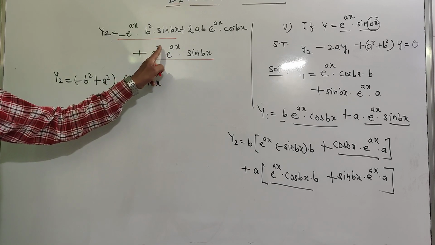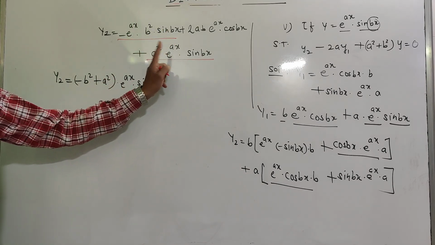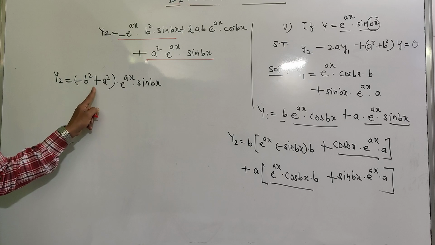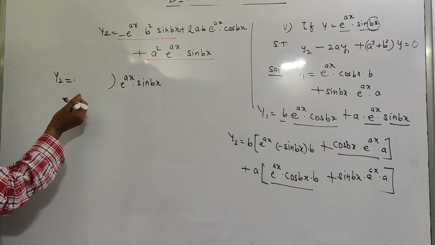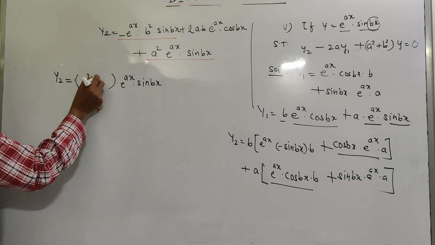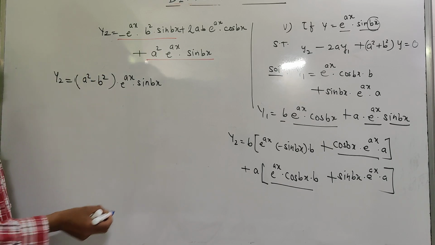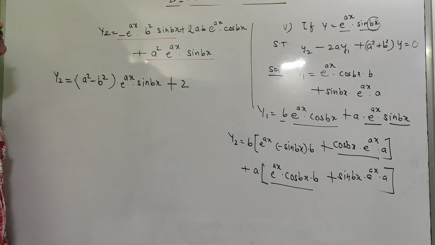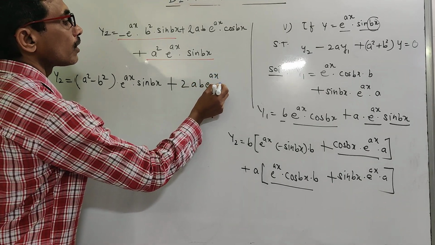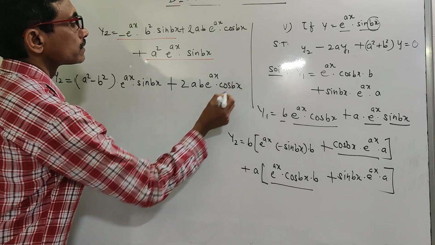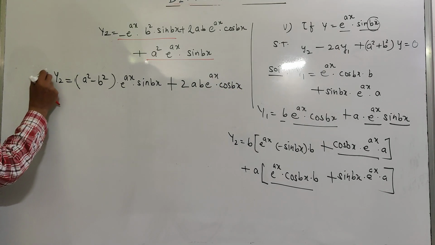Write it together taking this e raised to power ax sin bx common, तो ये a square minus b square होगा. So instead of writing like this, we'll write it a square minus b square, or plus 2 times of ab e raised to power ax into cos bx. See, this is our y2.